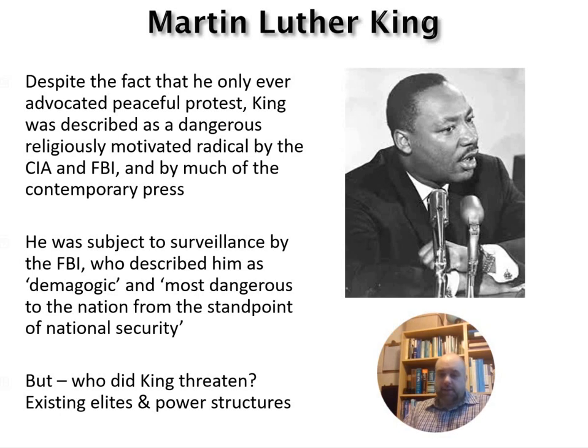But despite that, he was portrayed as this huge threat to society and to national security. And of course, he was a threat. Who was he a threat to? He was a threat to existing elites, existing power structures, who maybe didn't want the status quo to be challenged, and so had a vested interest in trying to discredit someone like King.